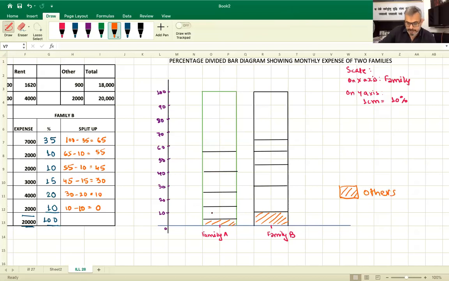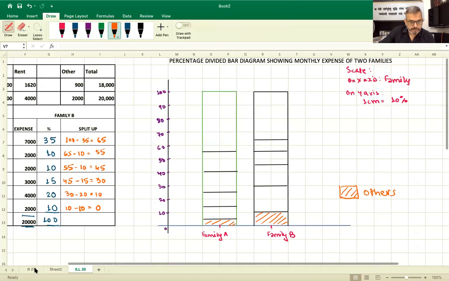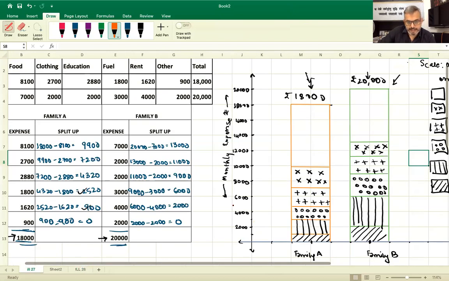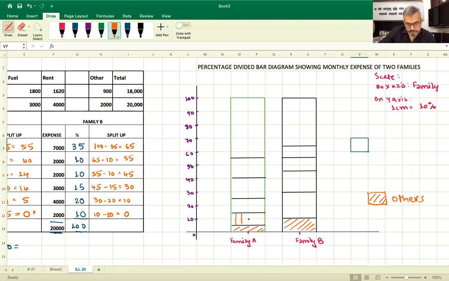Now, then next, we can use vertical lines. Vertical lines for rent. Then fuel. I'll use droplets, small circles for fuel.